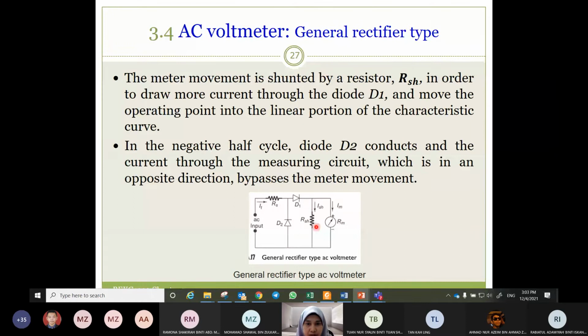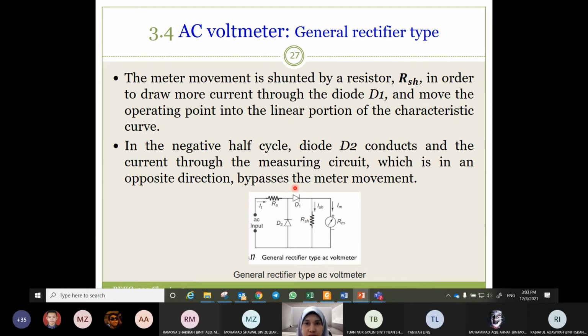When we add R shunt with Rm, the equivalent resistance here will become lower or higher? Lower, okay? Because of parallel circuit, right? Parallel resistance. So when the equivalent R here becomes lower, current becomes higher, right?